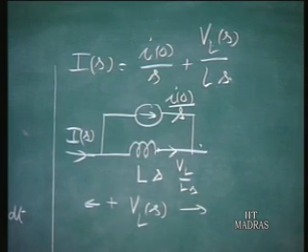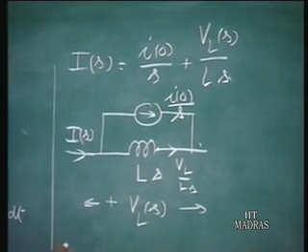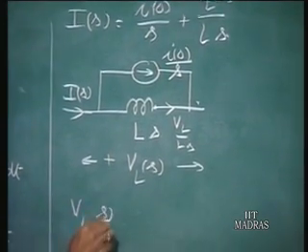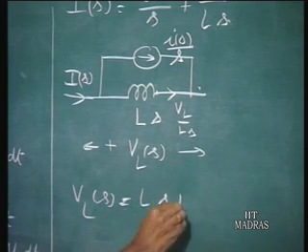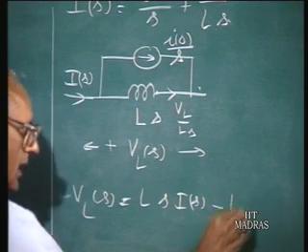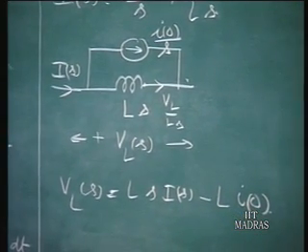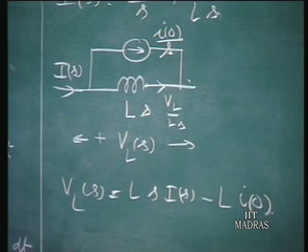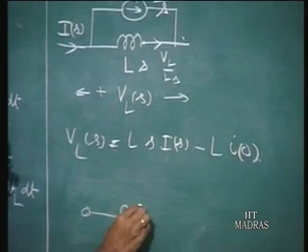Now, on the other hand, if you would like to express VL(s) in terms of I(s), I can write this as VL(s) equals, from the same equation, Ls times I(s) minus L times I0. So this equation lends itself to an interpretation in the transform diagram in this manner.